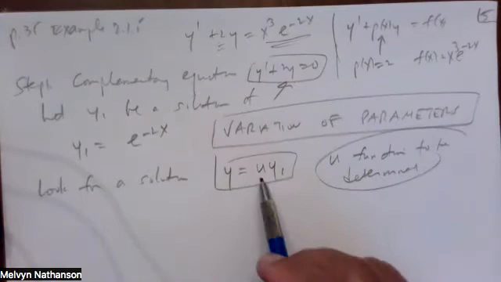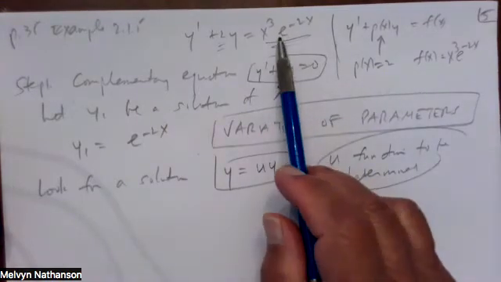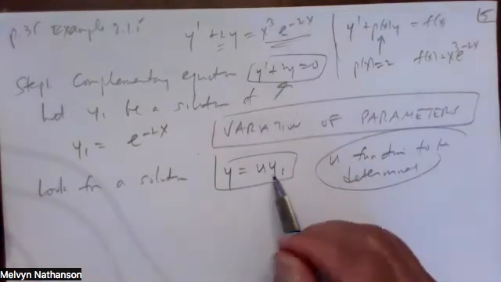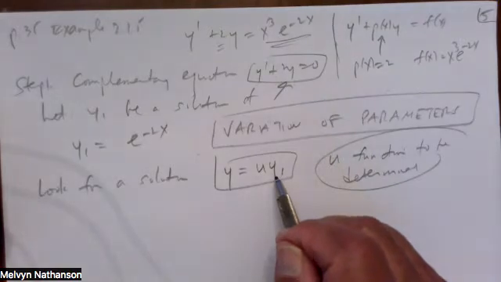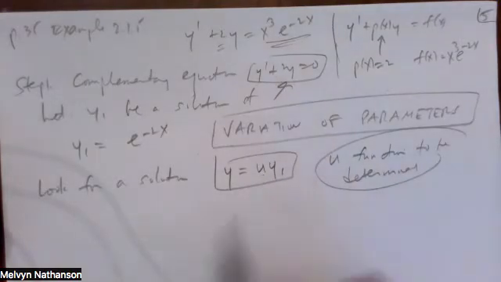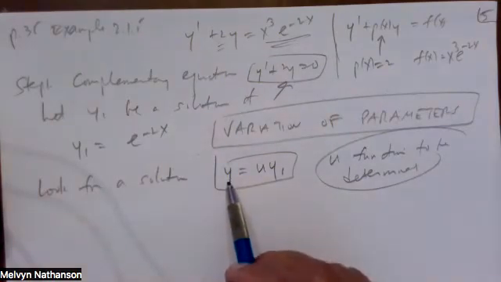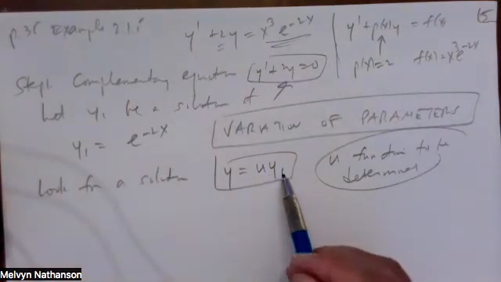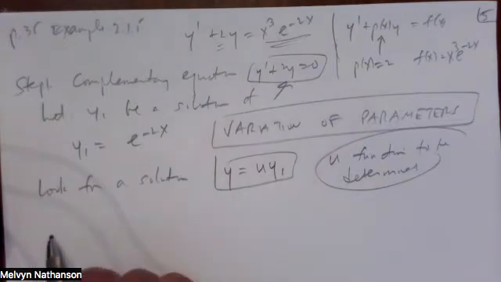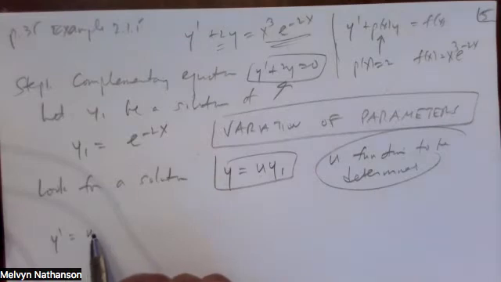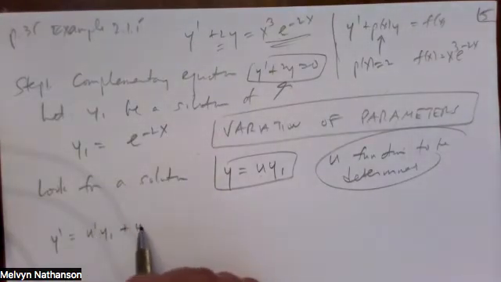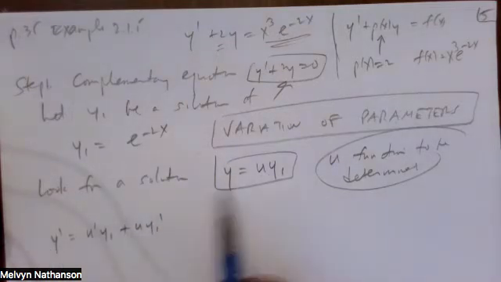So we're going to look for a solution of the non-homogeneous equation, which is a solution of the homogeneous equation, y1, times some other function. Now, if y is u times y1, by the product rule, y prime is the derivative of u times y1 plus u times y1 prime, right?